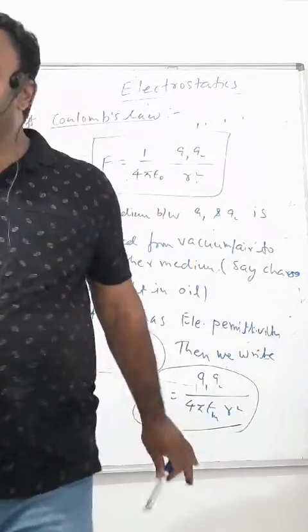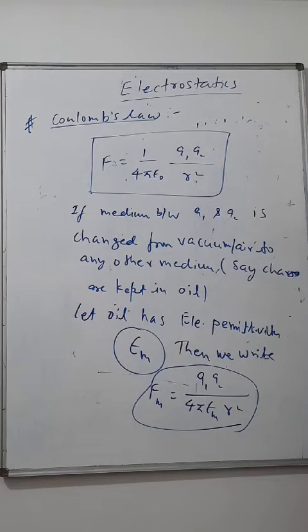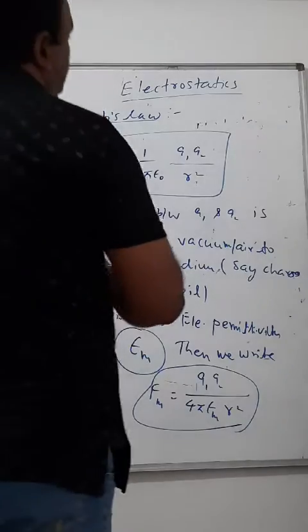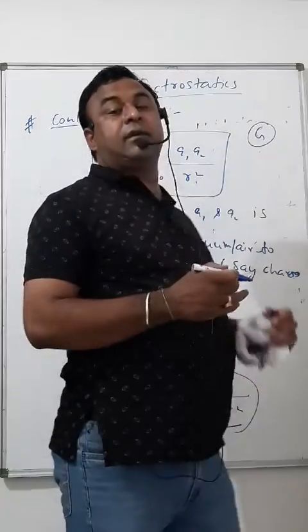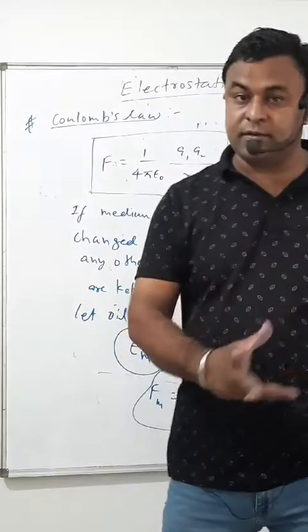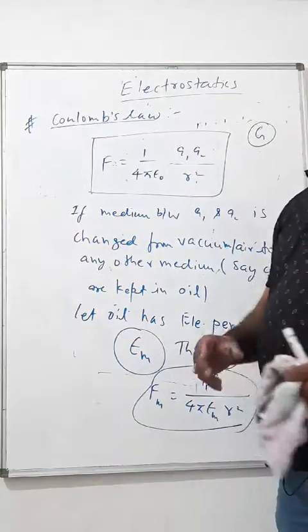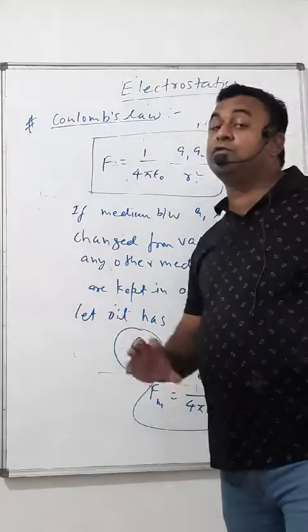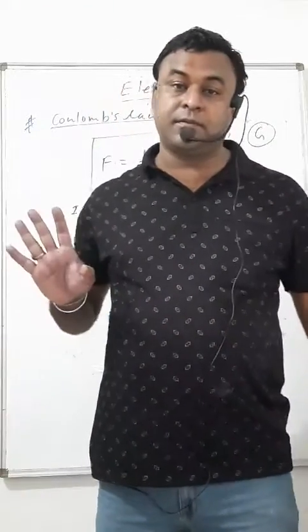Now, first of all, I will draw your attention. In case of gravitation, there was capital G, the universal gravitation constant. That constant was universal. Wherever you go, it won't change. Even if you change the medium between two masses, the force will remain the same.